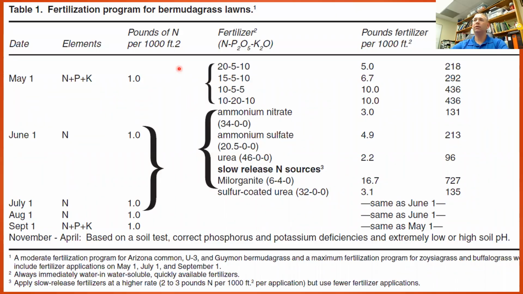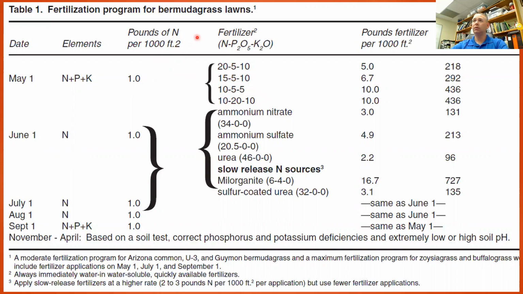So this is a fertilizer program for a Bermuda grass lawn. This is in one of the fact sheets that I have listed at the end of the program. So May 1st, NPK, 1 pound of N per 1,000 square feet. Here are our fertilizer options: 25-10, 15-5-10, 10-5-5, 10-20-10.